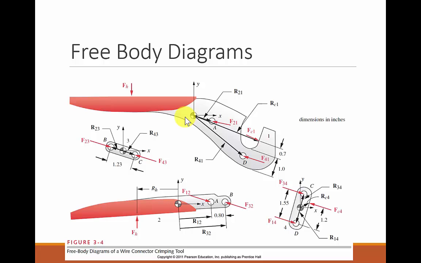Okay, so we have movement. Each body can move in the x, it can move in the y, that's 2, and it can rotate about the z, that's our 3rd. So there's 3 equations of motion for each body, and there are 4 bodies, so there's a total of 12 equations of motion.